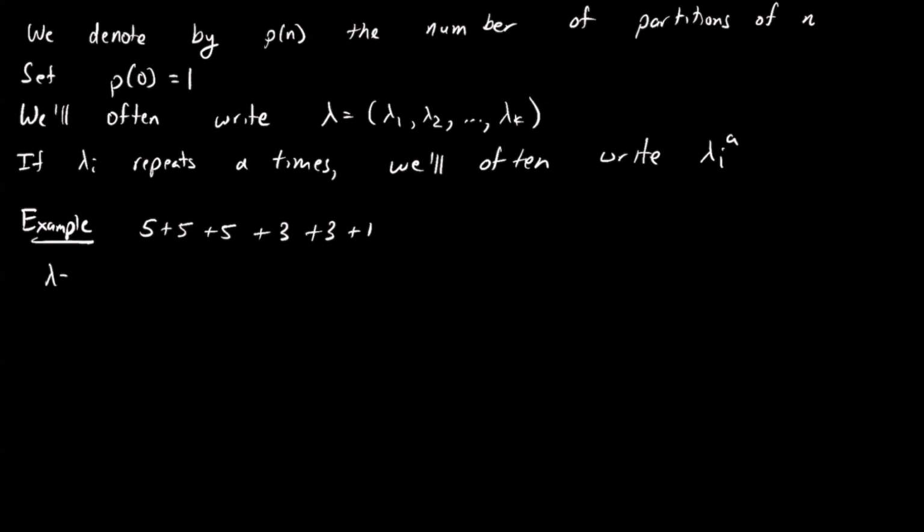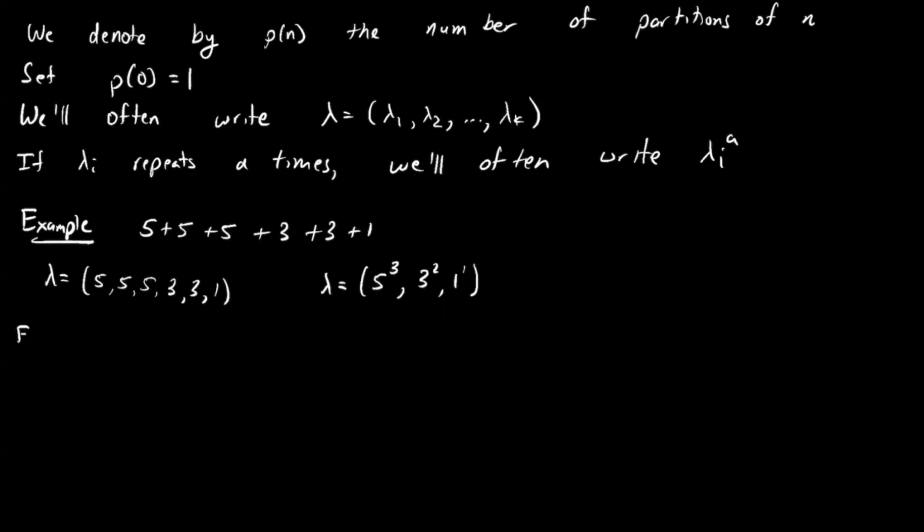We'll sometimes write this as lambda is equal to 5, 5, 5, 3, 3, 1. And this is a little bit inconvenient because we have to write the 5 a bunch of times. So a lot of times we'll use the shorthand 5 cubed, 3 squared, 1 to the 1 for our partition. So this indicates that we have three 5s, two 3s, and one 1 in our partition.